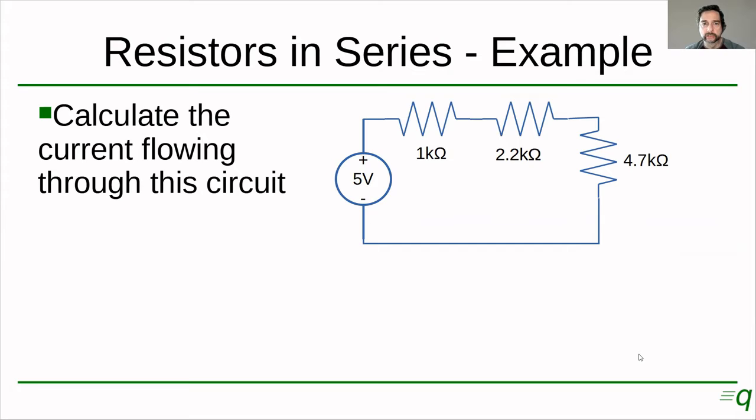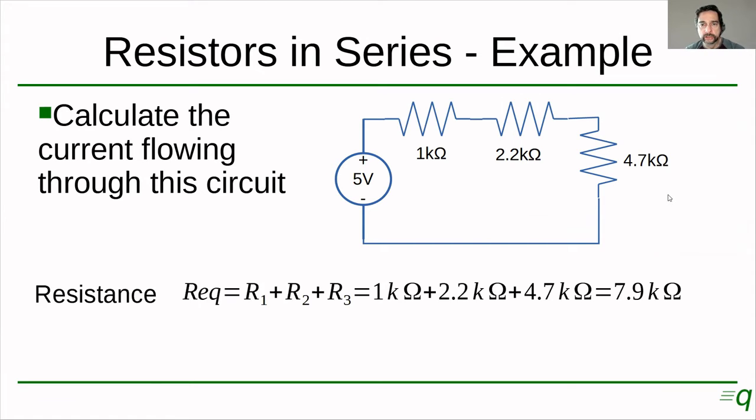So let's do a quick example here. Let's calculate the current flowing through this circuit. We have a 1 kilo ohm resistor in series with a 2.2 kilo ohm resistor in series with a 4.7 kilo ohm resistor. If we add all of these resistors, we end up with an equivalent resistance of 1 plus 2.2 plus 4.7, which is 7.9 kilo ohms.